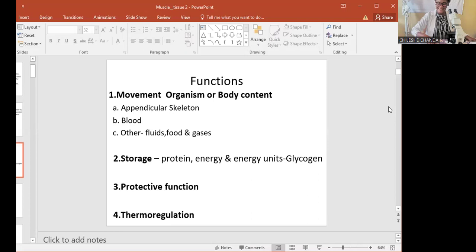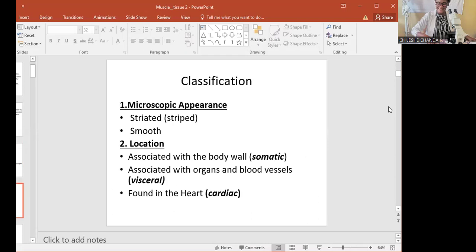The other function is thermoregulation. Thermoregulation simply means to maintain the temperature of the body. When you are too cold, the muscles will start shivering.